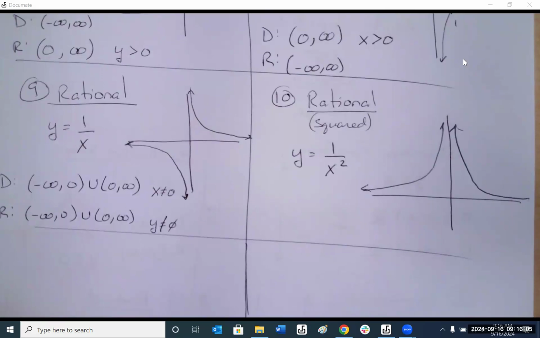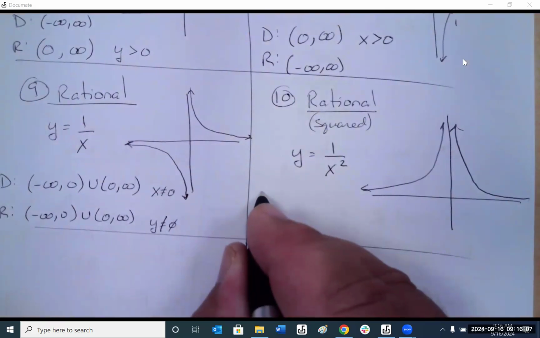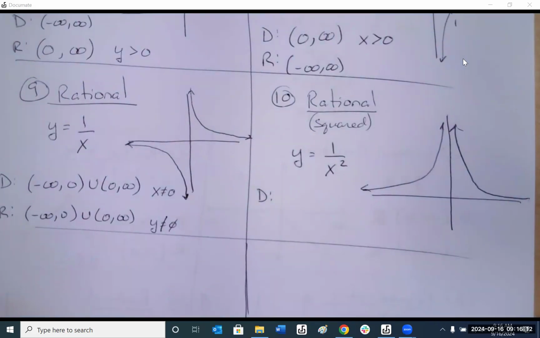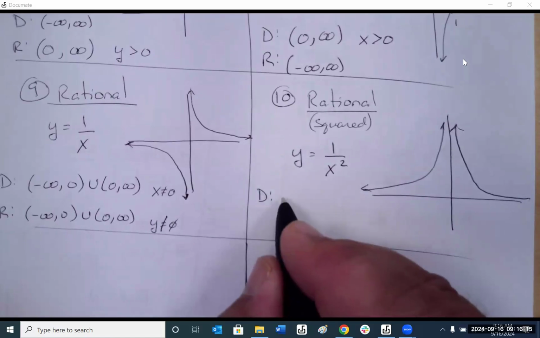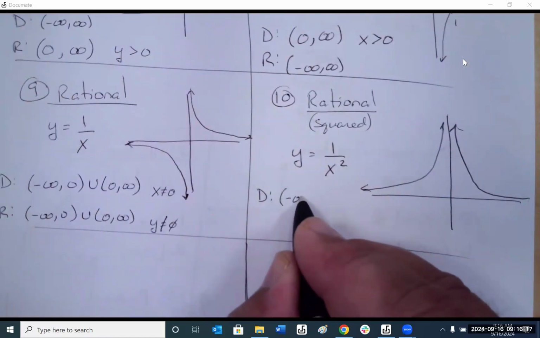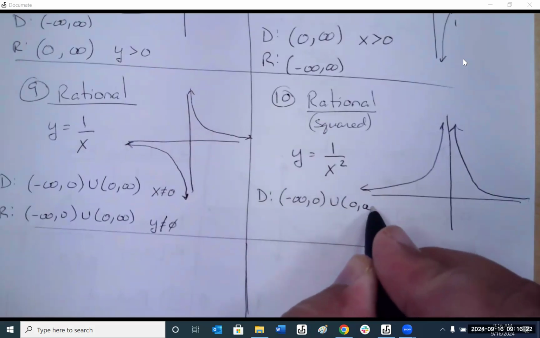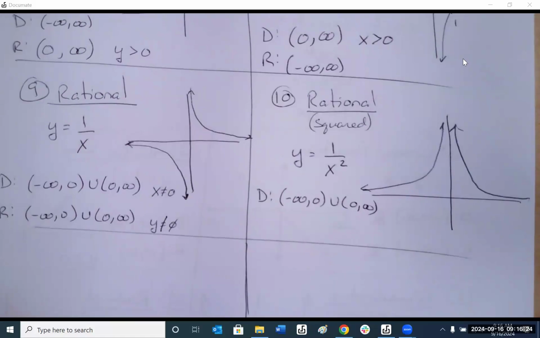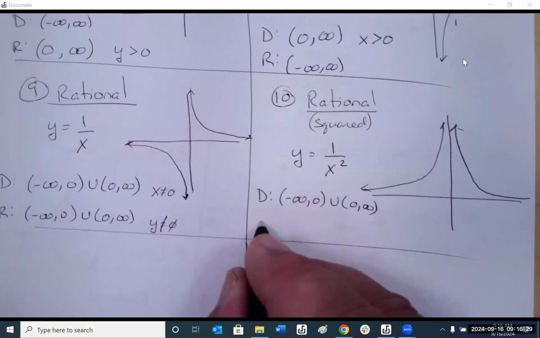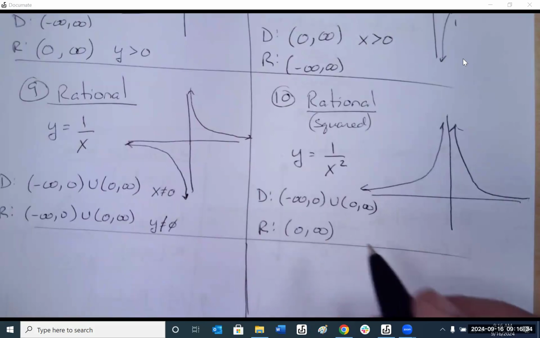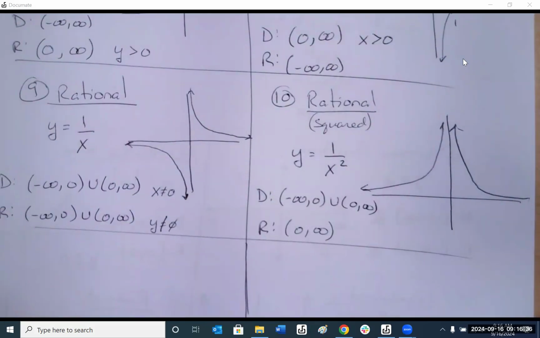It's like the Atari symbol. The domain is from negative infinity to zero, zero to positive infinity. And the range is strictly everything above zero.